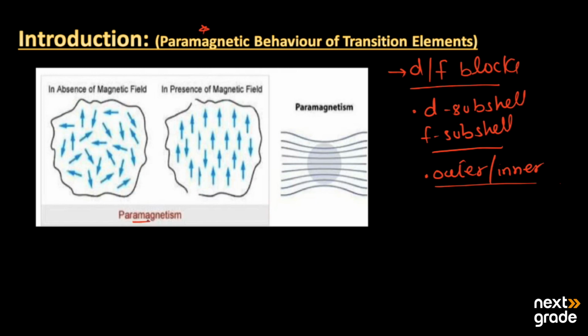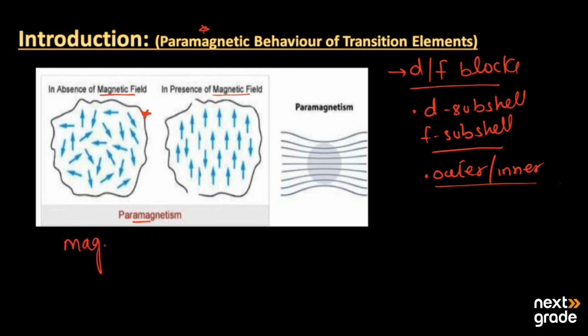Now paramagnetism is basically, in this simple picture, the behavior in the absence of a magnetic field versus when there is a magnetic field. Paramagnetic behavior is basically the attraction towards the magnet.